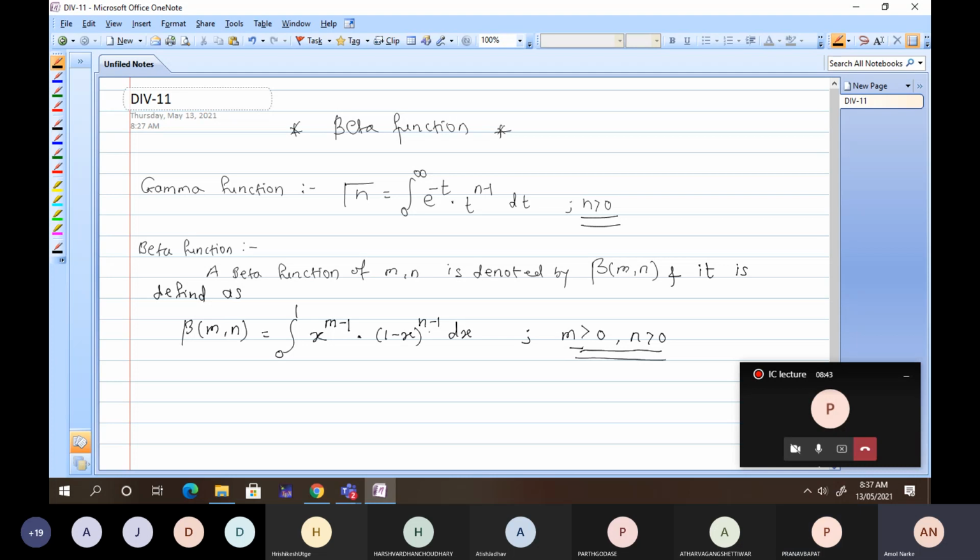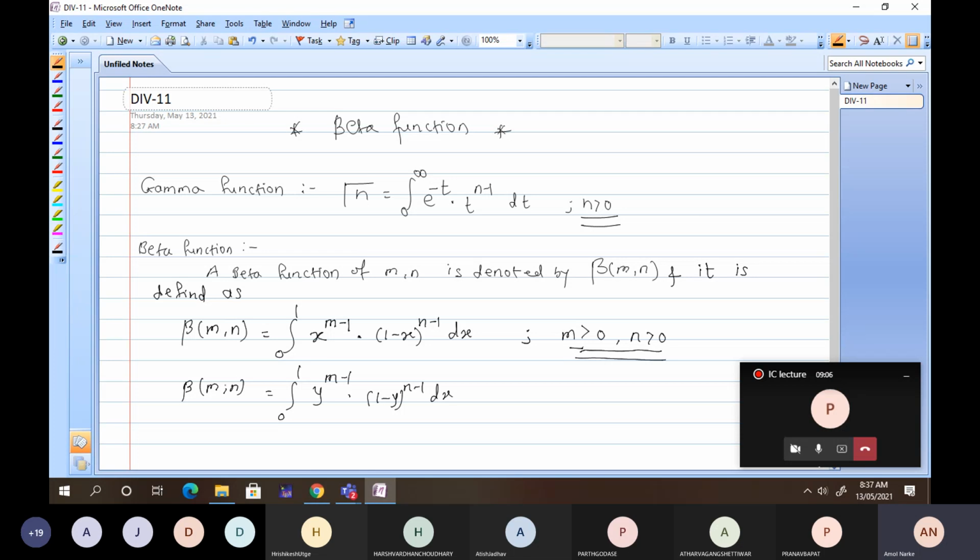Now, you can also define the same definition by changing the variable. Instead of x, you can write y, no problem: the integral from 0 to 1 of y raised to m minus 1 into 1 minus y raised to n minus 1 dy.